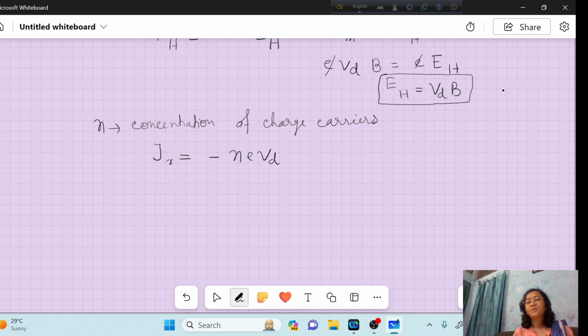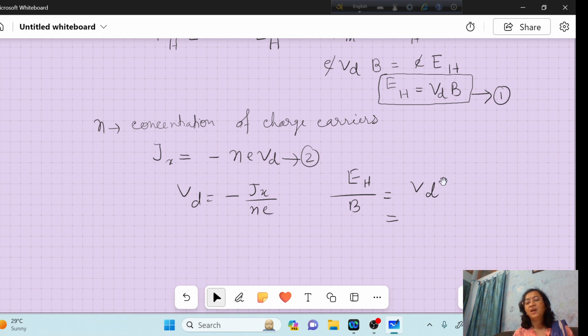Say this is equation 1 and this is equation 2. From equation 1 we can write EH by B is equal to Vd, and from equation 2 we know Vd is equal to minus Jx by Ne. So EH by B is equal to minus Jx by Ne.